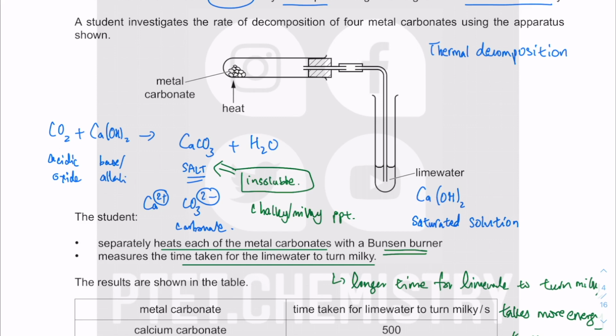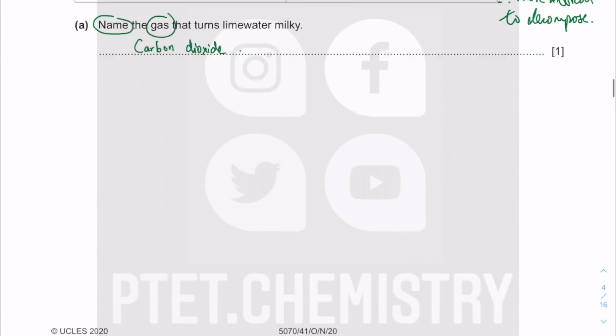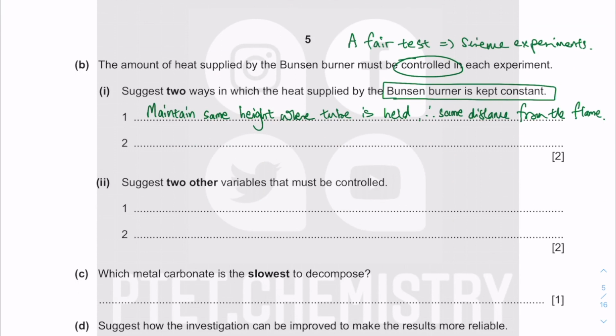You don't want to increase or decrease the volume of gas flow, because you want to ensure that the intensity of the blue flame is the same. So do not change the gas, do not turn the gas valve, do not adjust the air hole.